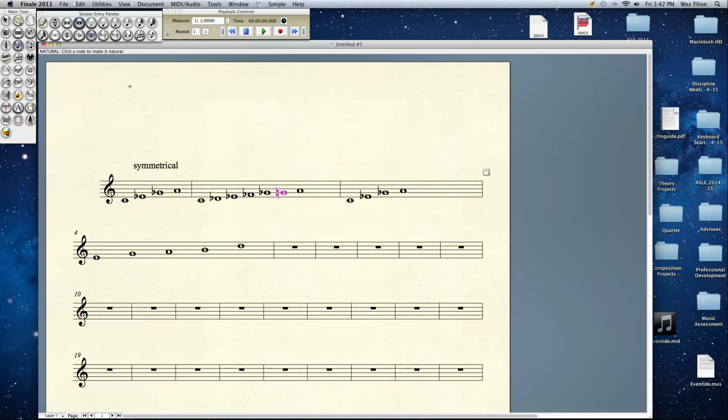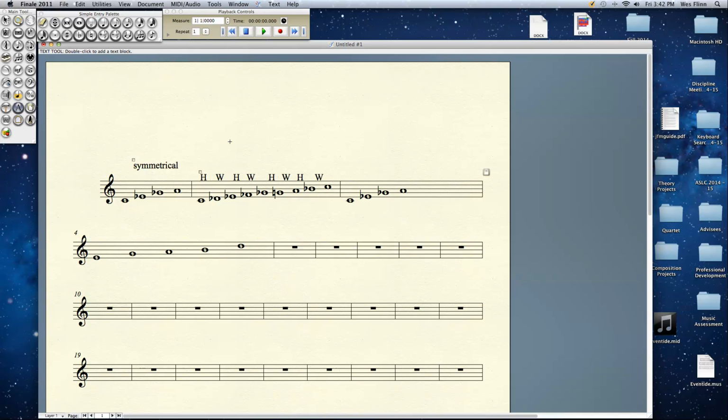For convenience, we'll write it as G natural. So a half step, whole step, and then a half step above A would be B flat, and finish that out with the whole step to C. So as you can see here, we're alternating half steps and whole steps.